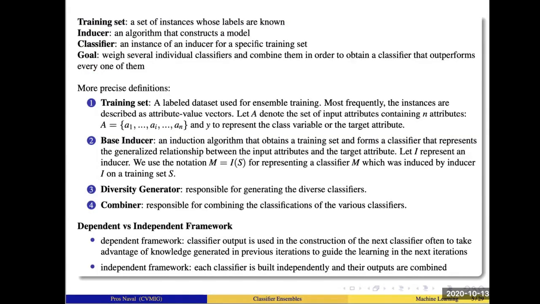So let's have some more definitions, but this time more precise. Training set. A training set is a labeled data set used for ensemble learning. More frequently, the instances are described as attribute value vectors.